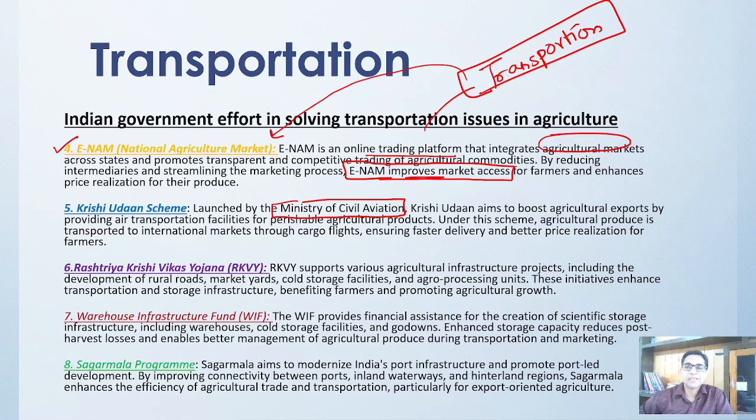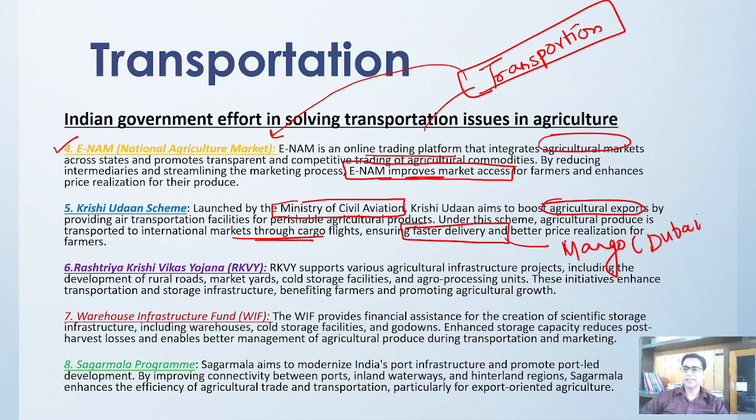There is a special Krishi Udan to boost agriculture export facilities, so you can book your cargo there for faster delivery. It has started working. Last time we sent some mangoes to Dubai, and then we sent something to Qatar. Various types of products are going from one place to another with the help of aviation.